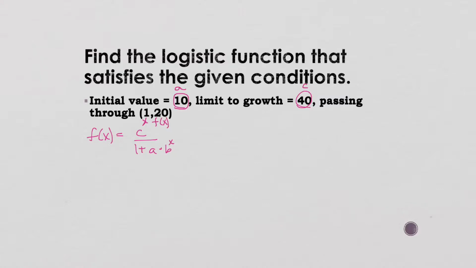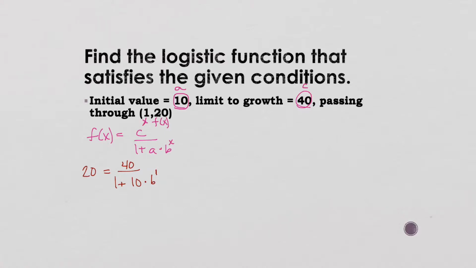When we go and do this, we need to start plugging some things in. We said A is 10, C is 40, and we have our x and our f of x. So we're going to end up with 20 equals 40 over 1 plus 10 times B to the first.